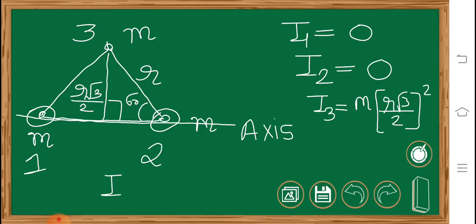So total moment of inertia is 0 plus 0 plus 3 mr square by 4. So we can see that for the same object, if we change the axis, then the moment of inertia will also change. This proves that moment of inertia is not a property of the body, but instead it depends on the axis of rotation as well.